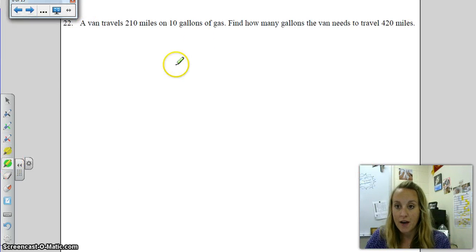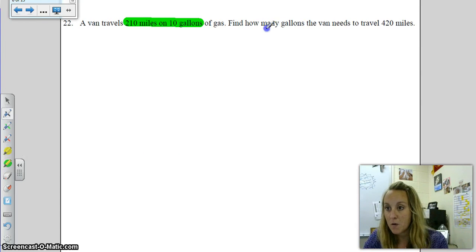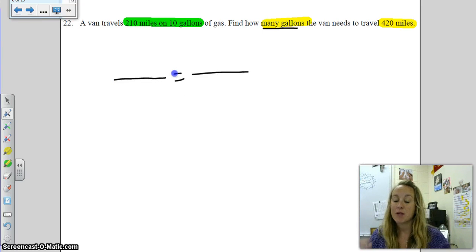A van travels 210 miles on 10 gallons of gas. Find how many gallons, so we're looking for gallons, a van needs to travel 420 miles. So it looks like I'm looking for the gallons needed for 420 miles. So you start with this proportion. Remember that you have to have the same concepts on top and the same on bottom.